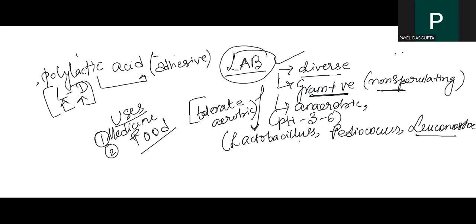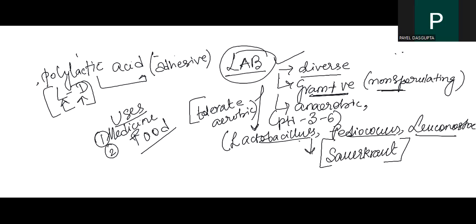So these types of bacteria will be helpful. If you have heard about sauerkraut, that is the cabbage which is getting shredded. This microorganism plays an important role in sauerkraut production. Sauerkraut is mainly of cabbage.